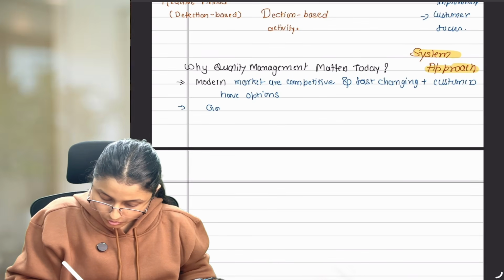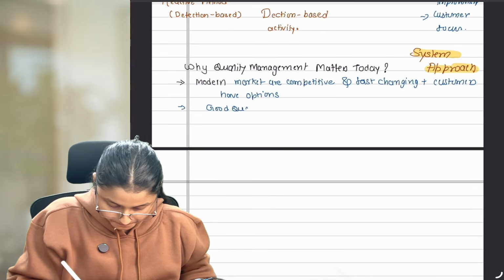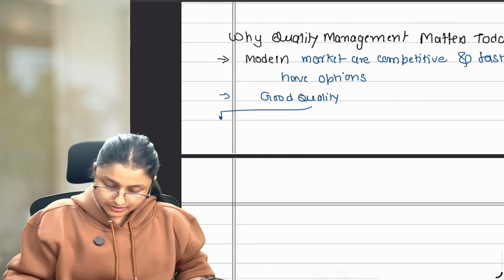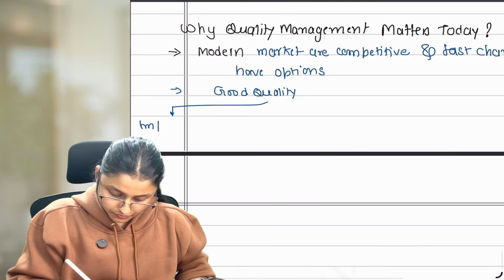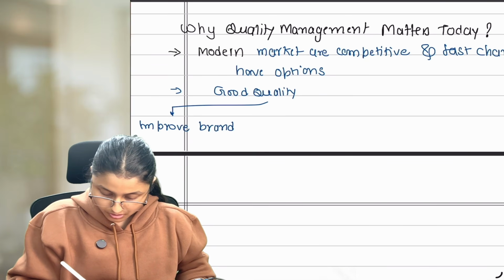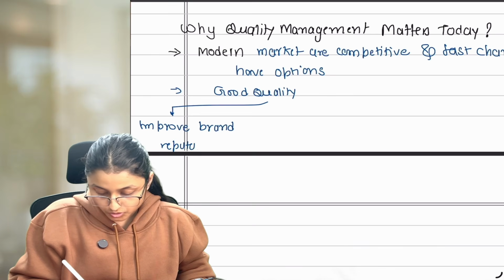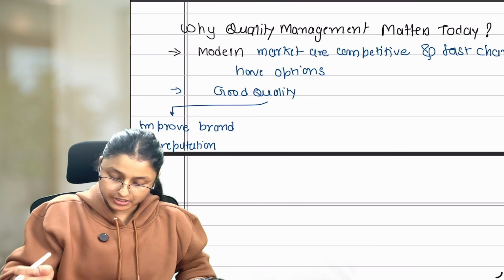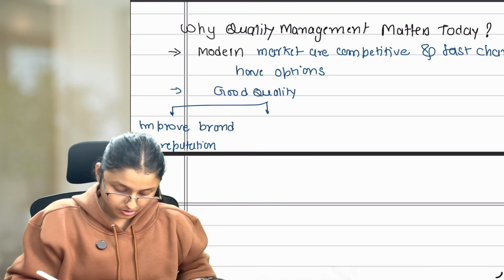If you maintain good quality, it helps you as an organization to improve brand reputation. A company which is providing a good quality product will be able to build their brand also, right?